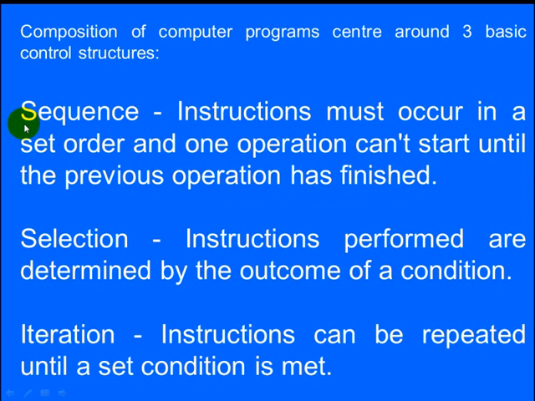What is the meaning of the term sequence in a computer programming language? For example, in Java, instructions must occur in a set order and one operation cannot start until the previous operation has finished.